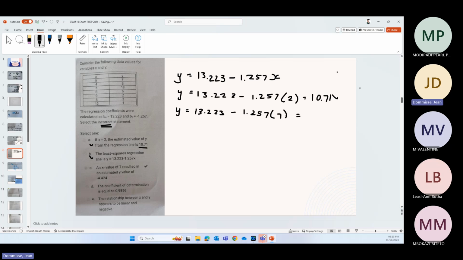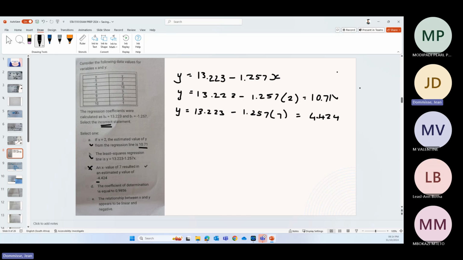If we subtract that from 13.223, we get a positive 4.424. Not negative, but positive. So that's where that one is wrong.